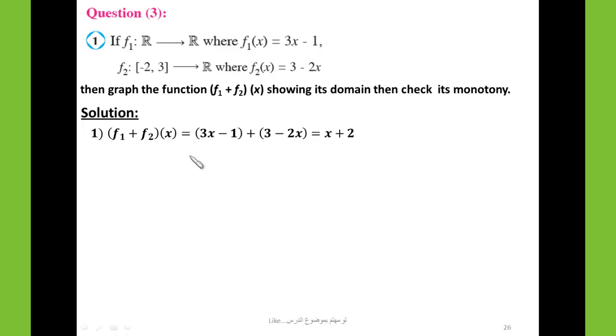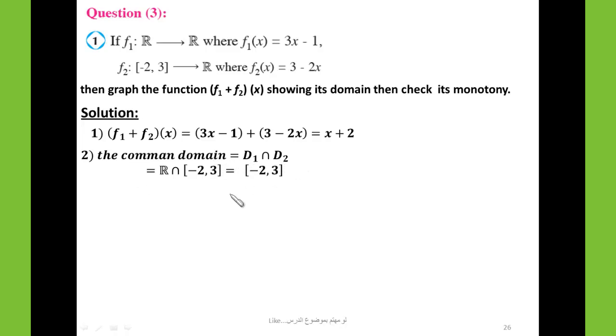So how do we get f1 plus f2? We add 3x minus 1 plus 3 minus 2x, and the result, x plus 2, expresses a new function f1 plus f2 of x. The domain equals D1 intersect D2.